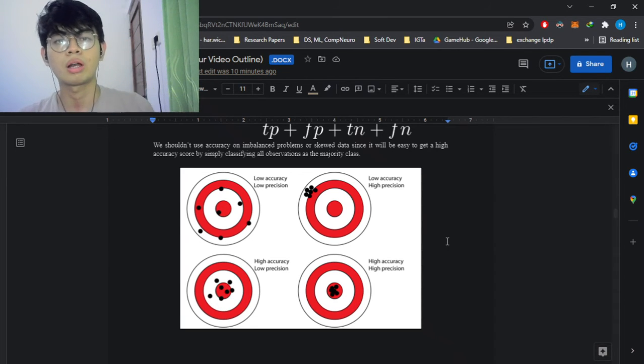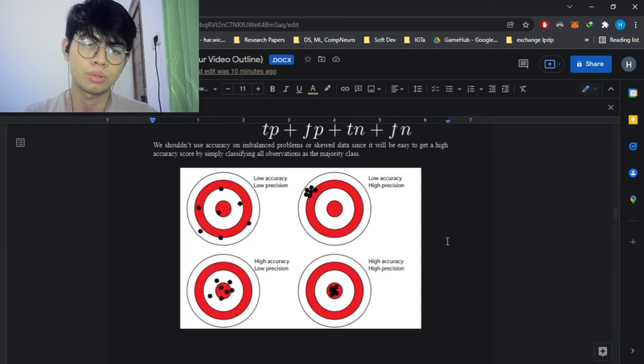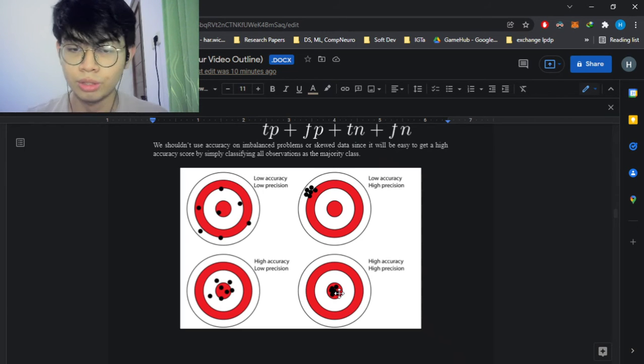How far are you from the center of the bullseye? The lower your accuracy is, the further you are from the center, and the higher your accuracy is, the closer you are to the bullseye. For example, this one has high accuracy because it's closer to the center of the bullseye.